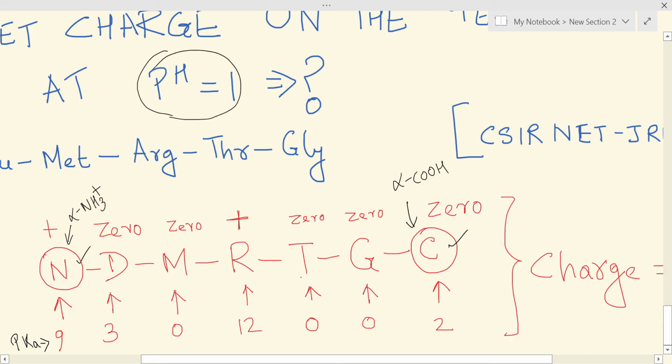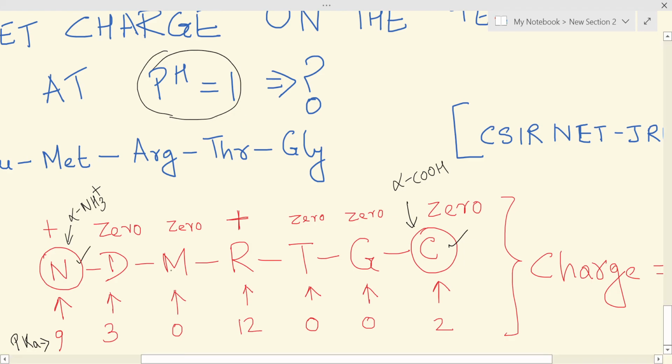Threonine has pK value 0 because it is non-polar. Glycine has pK value as 0, again non-polar. And alpha COOH will have pK1 value as 2. If you are getting confused, then it's better you go back to the table that I have explained, because from there I have mentioned these values. So it's very important you memorize those values.